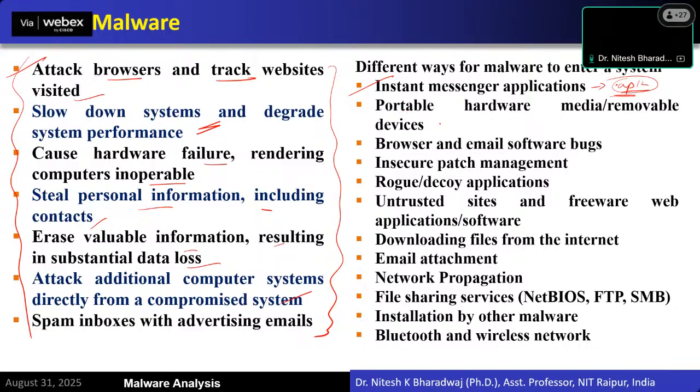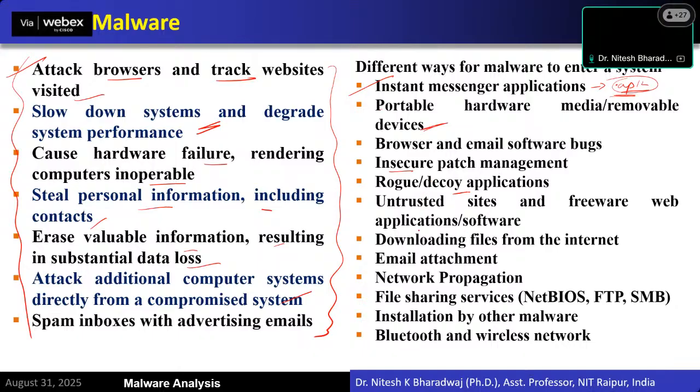Portable hardware, removable media devices. Through that, they are very much introduced into the system. Then browser and email software bugs, insecure patch management is there. Then it enters through rogue or decoy applications, meaning applications which are not updated.